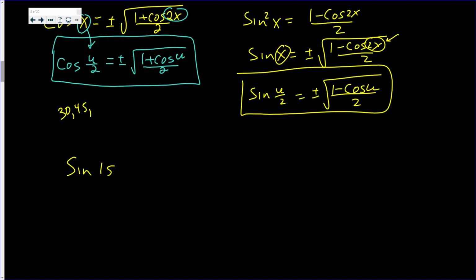But now we can use the half angle formula. 15 degrees is 30 over 2. That u is 30. This gives us plus or minus the square root of 1 minus cosine of 30 over 2. Now, we know the cosine of 30.